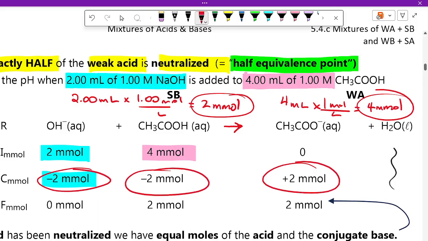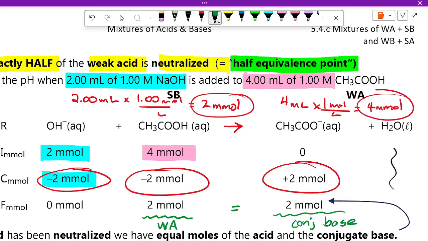So we end up with 0 of the OH, 2 millimoles of the weak acid, and 2 millimoles of the conjugate base. So you've got equal moles. That's the whole point. At the half equivalence point, you have equal moles of acid and conjugate base.